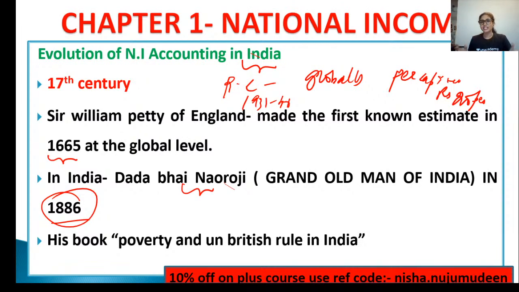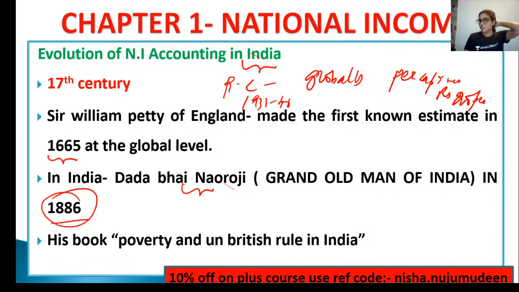What is national income, guys? In simple terms, primary plus secondary plus tertiary sector equals national income, right? So all these people, starting from Dadabhai Naoroji to William Digby, Findlay Shirras, VKRV Rao and R.C. Desai, really did a very good calculation. But they estimated national income based on the value of output only from the agriculture sector, which is the primary sector of the economy.